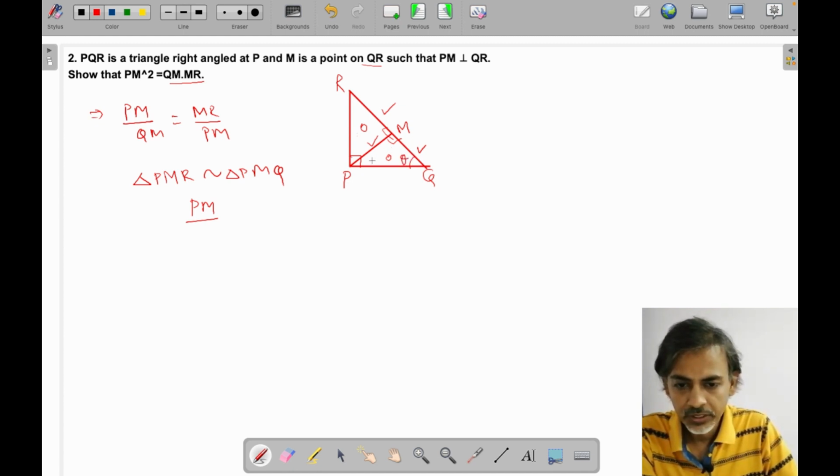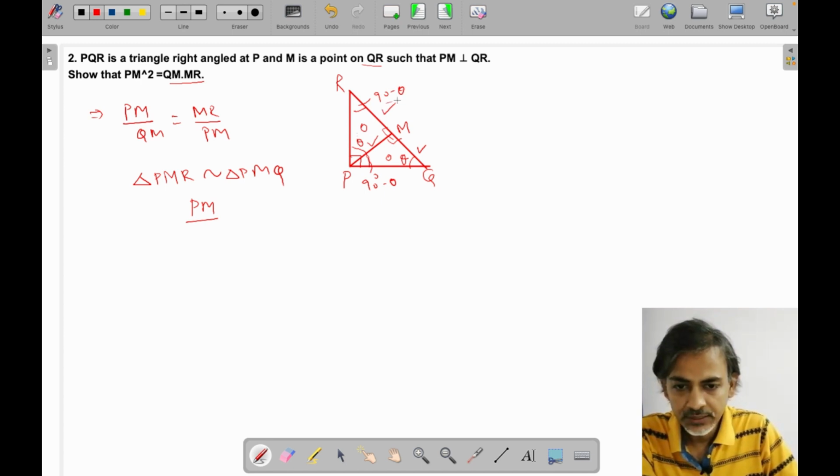What we can write over here is, this is my 90 degree minus theta. Why so? Because in this triangle, all three angles will sum to 180 degree. So this is theta, this is 90 degree, so this is 90 degree minus theta. Since this angle is 90 degree minus theta, this angle will be theta, because overall this angle is 90 degree, right? Since this angle is theta, this angle is 90 degree, so this angle is 90 degree minus theta.